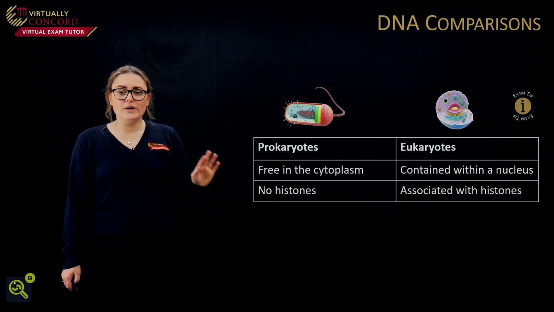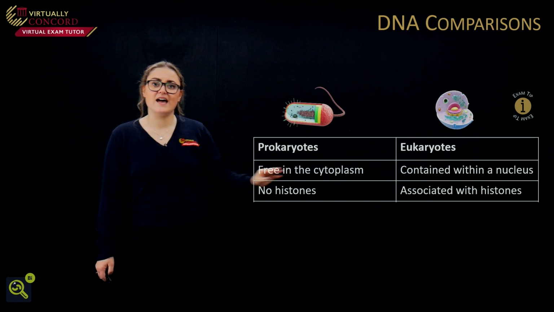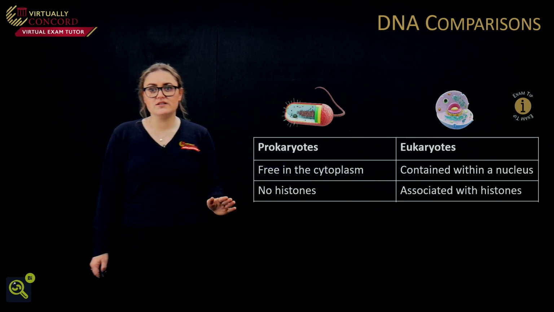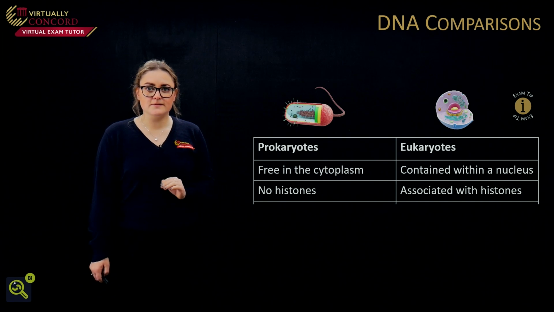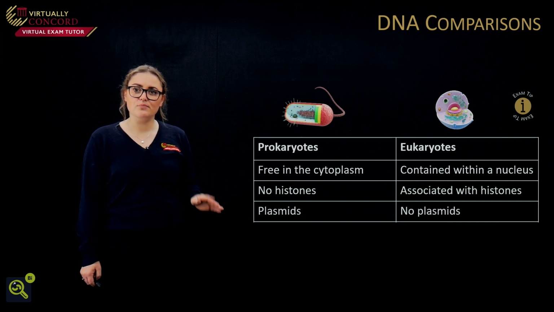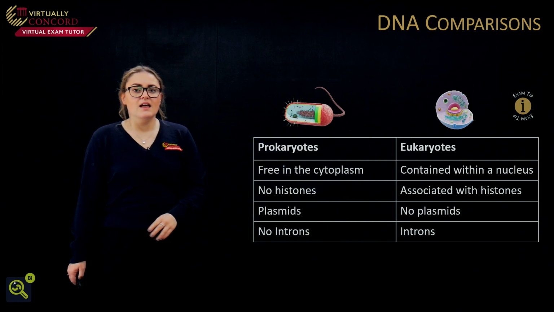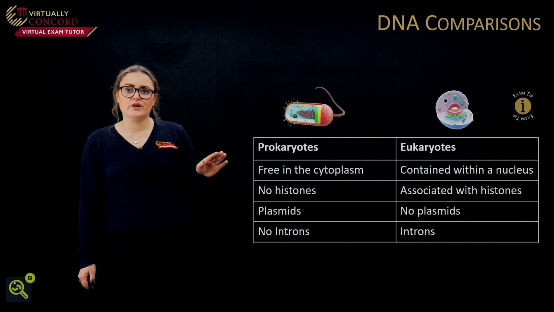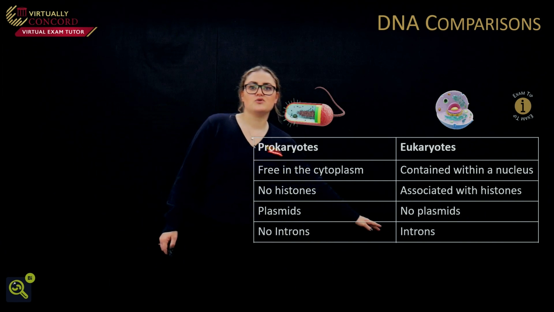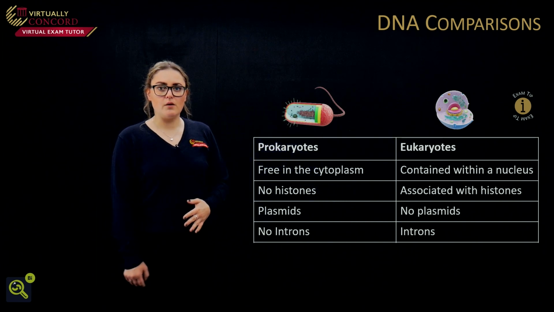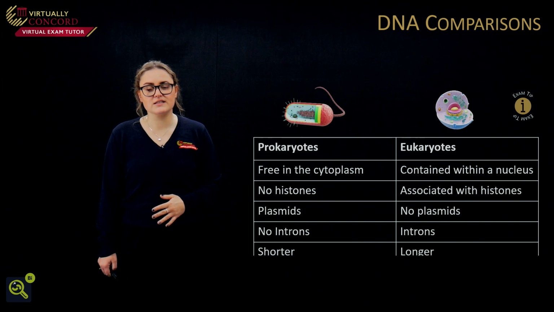Next, no histones. So these are the proteins that help the DNA in the eukaryotic cells coil up, but not present in your prokaryotes. There are plasmids in prokaryotic cells, but none in your eukaryotic cells. There are no introns in your prokaryotic cells either. Now we do have introns in our eukaryotic cells, and again you will come back to what introns are when we do DNA in your eukaryotic cells.